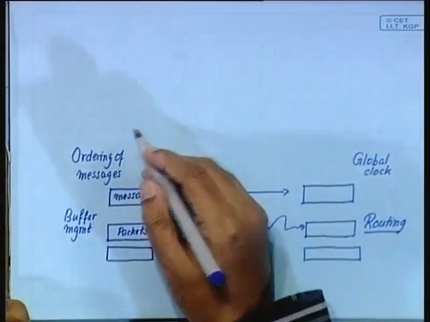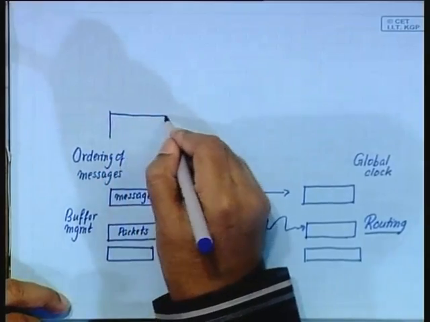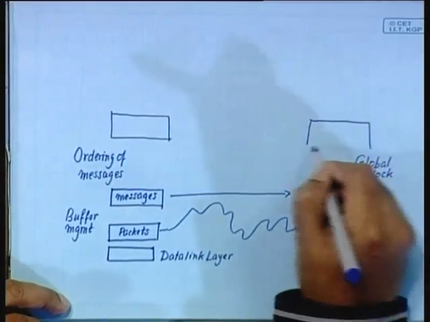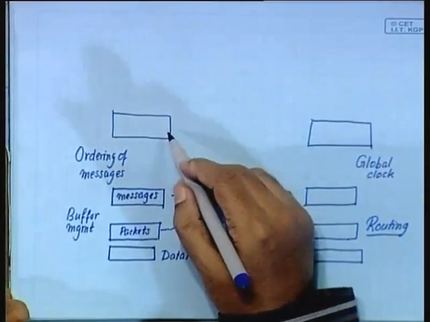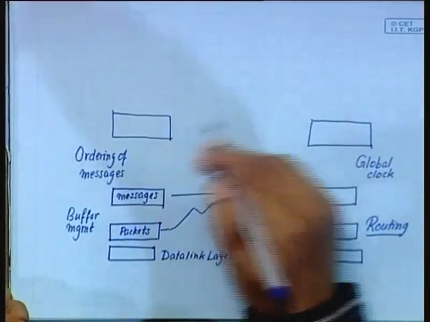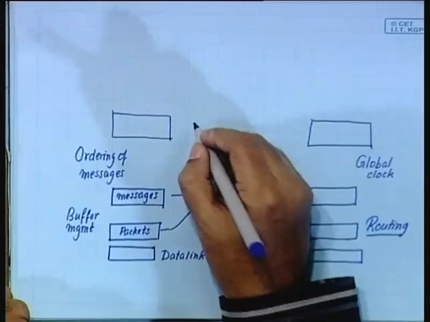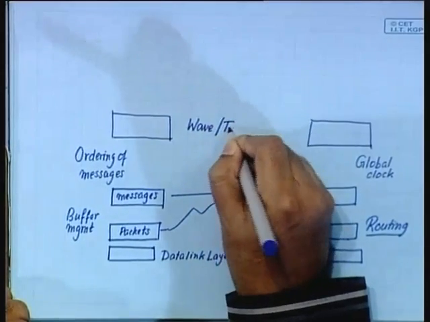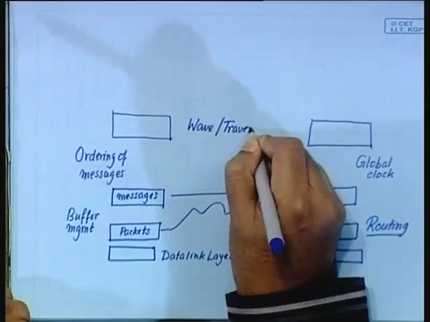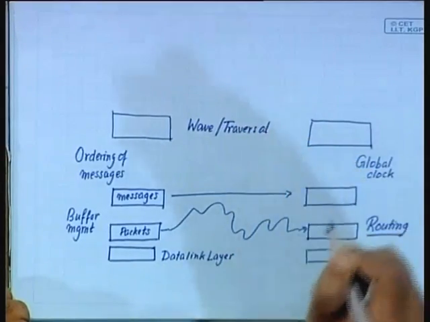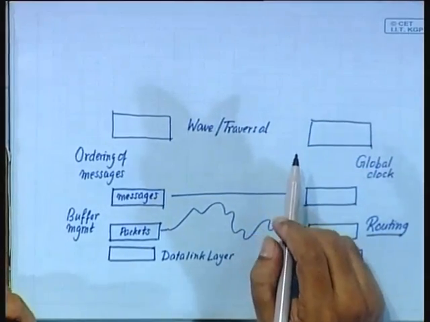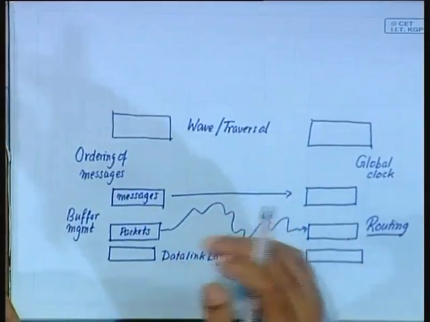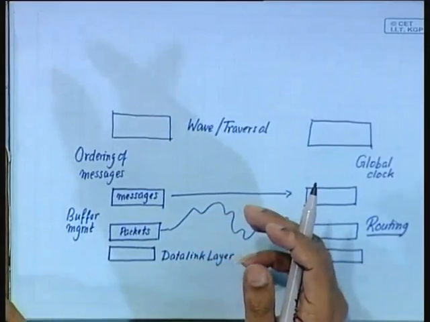Then above this we are going to look at algorithms which use this message communication and communicate knowledge from one node to other nodes. We are going to look at classes of algorithms like wave and traversal algorithms, which talk about how information is propagated in a distributed network and how we can achieve meaningful computation out of that.